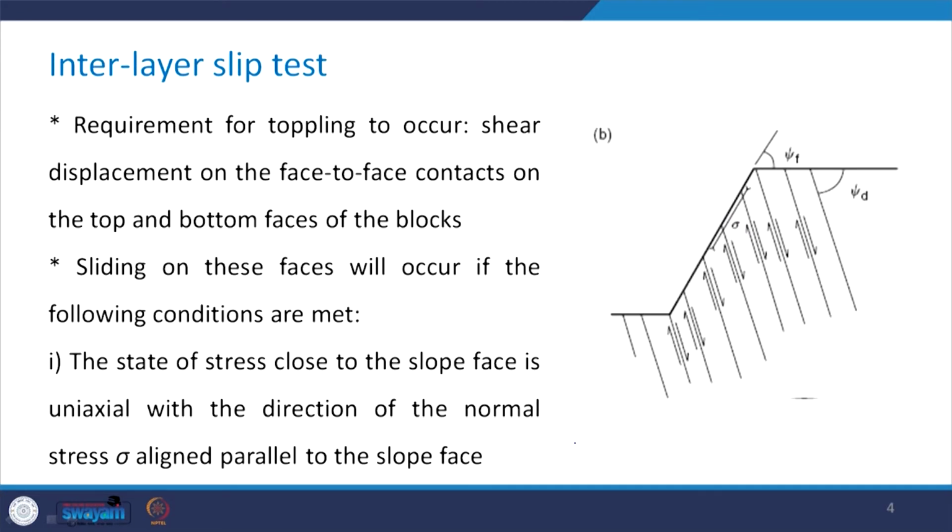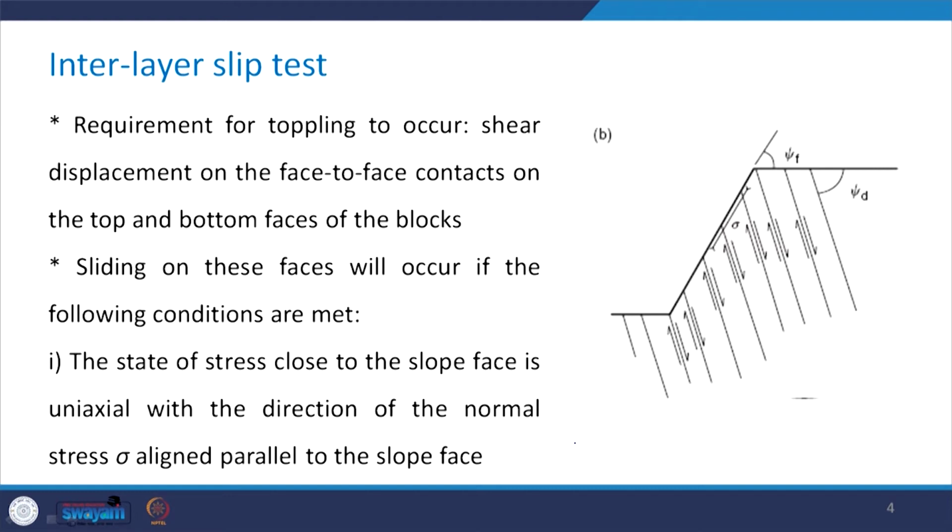There is going to be the second test. Once the block test has been conducted, then this interlayer slip test is conducted. This is the requirement for the toppling to occur, that there is shear displacement on the face to face contacts on the top and bottom faces of the blocks.